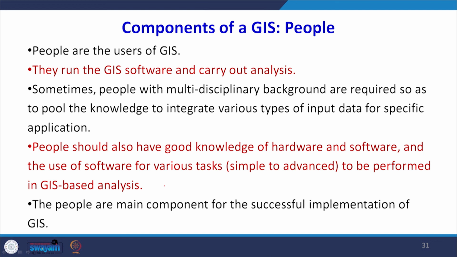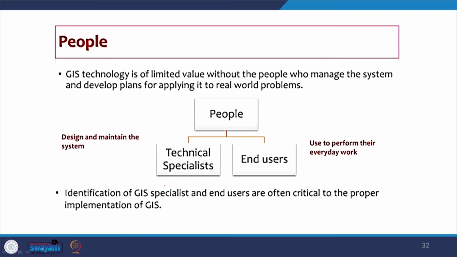So people are actually the main component of the GIS for its successful implementation. Now, when we say people, they are the technical specialists and the end users. There are two kinds of people: end users of the results, and also the people who are technically qualified to make use of this software and derive the results.